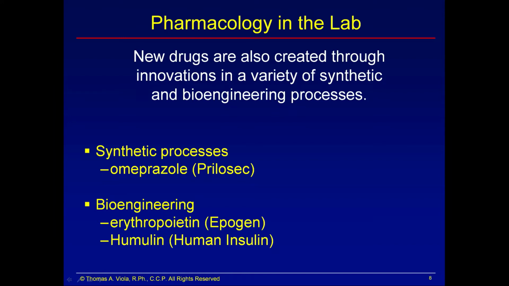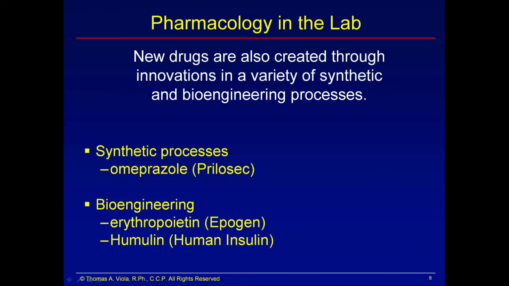We can even get drugs from bugs, but in an entirely different way. For example, human insulin, Humulin, and all of the insulins produced in the United States now are made from E. coli. Now you say, well, wait a minute, isn't that the pathogen? Isn't that the thing that causes flesh-eating disease and too much poopy when I'm on vacation in Mexico?